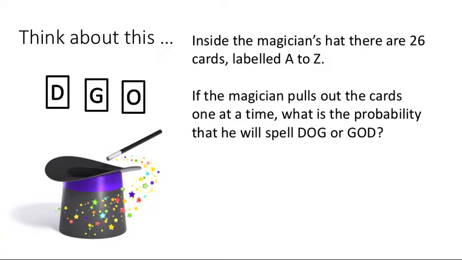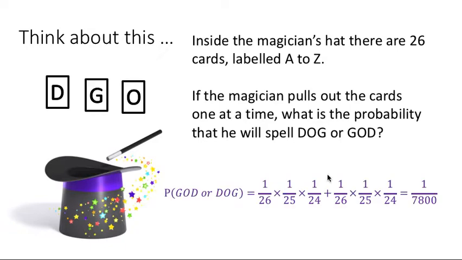Now we've got 26 cards, and we want to get dog or God. How do we do this? Well, probability of dog is 1 out of 26. We've taken out the D card, so there's 25 now. So 1 out of 25 to get an O, and 1 out of 24 to get a G. And then this one's G-O-D.